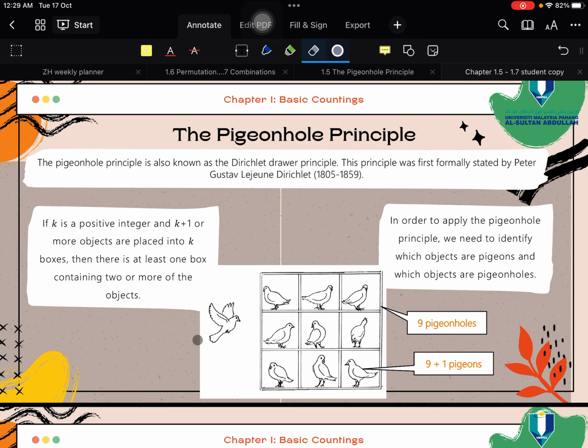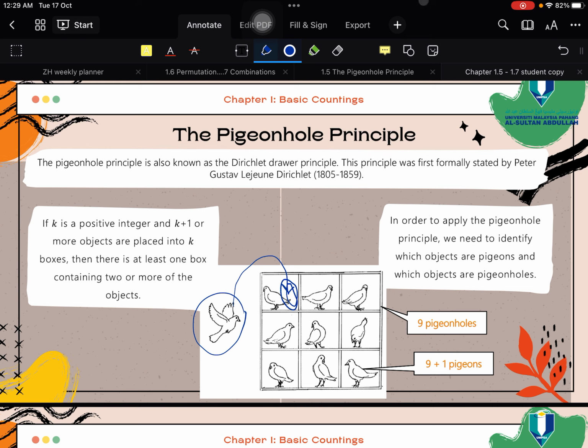Akan ada seekor burung yang tak ada pigeonhole untuk dia masuk. So apa yang akan terjadi? Tak ada pilihan. This bird will have to share a hole with any of the other pigeons. Kan? Nak tak nak, dia kena masuk juga dekat salah satu pigeonhole kat sini.